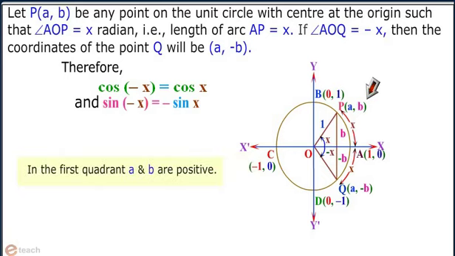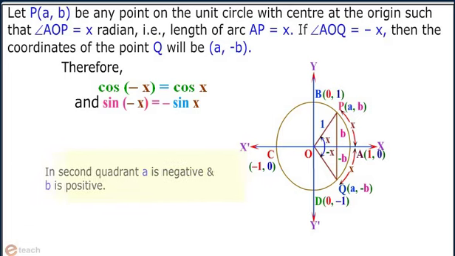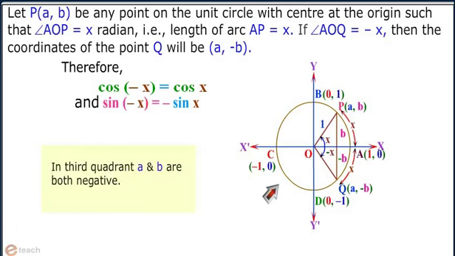In the first quadrant, a and b are positive. In second quadrant, a is negative and b is positive. In the third quadrant, a and b are both negative.